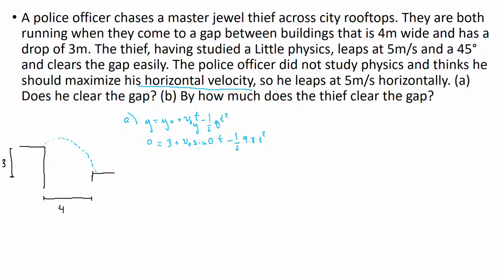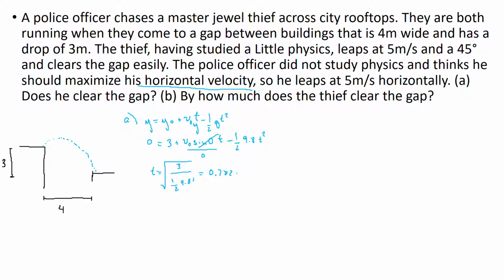From here we know that this term is going to be 0, so we cancel it, and we can solve for t. So t is going to be the square root of 3 over a half of 9.81, and that's going to be more or less 0.78289.